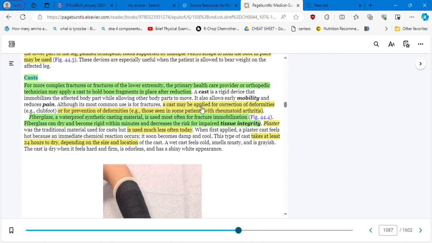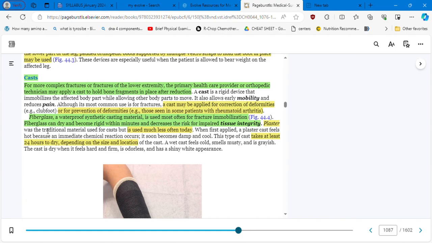A cast may be applied for correction of deformities or for prevention of deformities, in some patients with rheumatoid arthritis. Fiberglass, a waterproof synthetic casting material, is used most often for fracture immobilization.